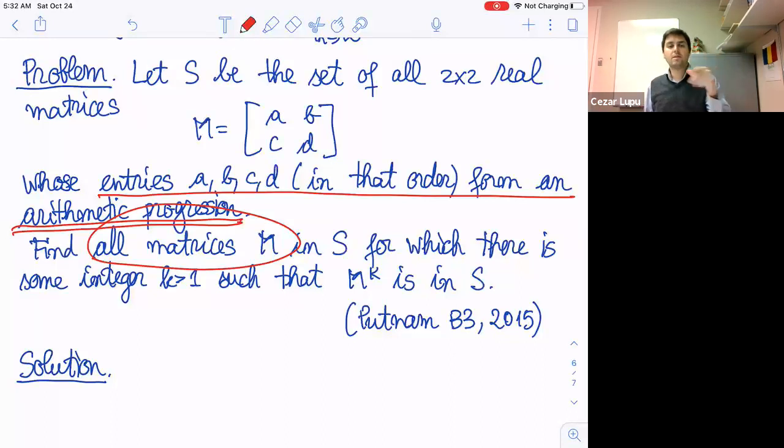So we have a, b, c, d. These are in arithmetic progression, and we can write b as a plus the constant, then c will be b plus that same constant, and the same goes for d. d will be c plus that constant. So we can write them explicitly.